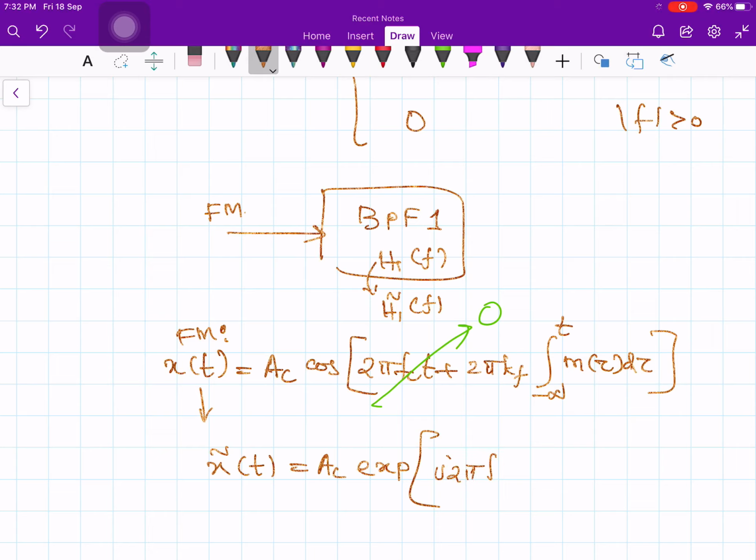If you have some difficulty with the complex envelope, go to the previous lecture, where we discussed the complex envelope representation of a bandpass signal. This FM is a bandpass signal, so we represent it in terms of complex exponentials: the integral from minus infinity to t of m of tau d tau. This is the complex exponential.